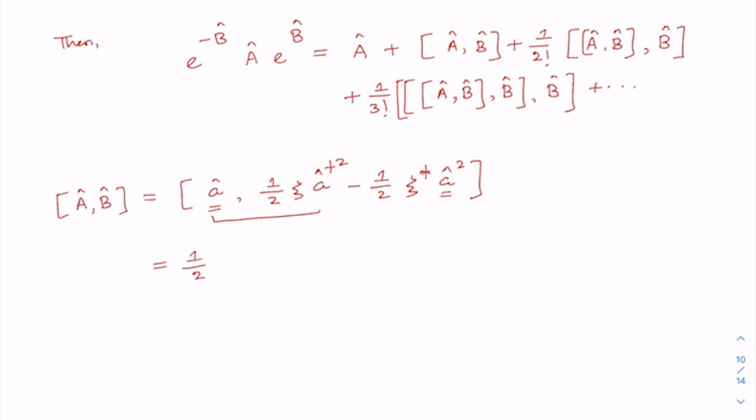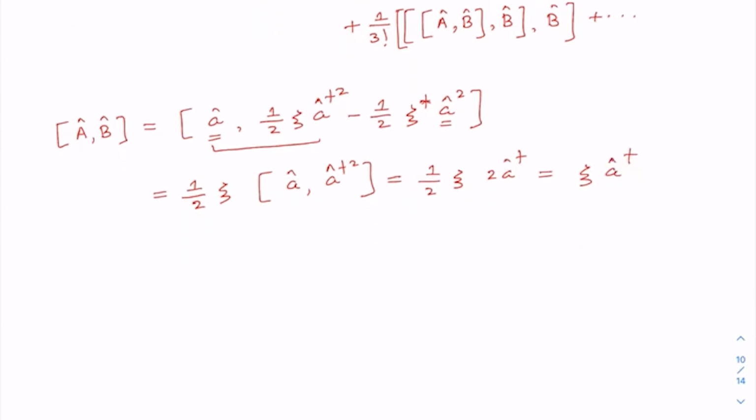So this I can write as half ξ times the commutator with a dagger square, which we know is 2a dagger, so this would be simply ξ a dagger.